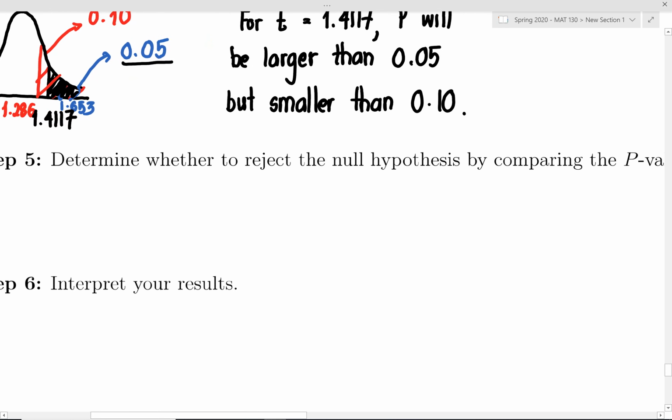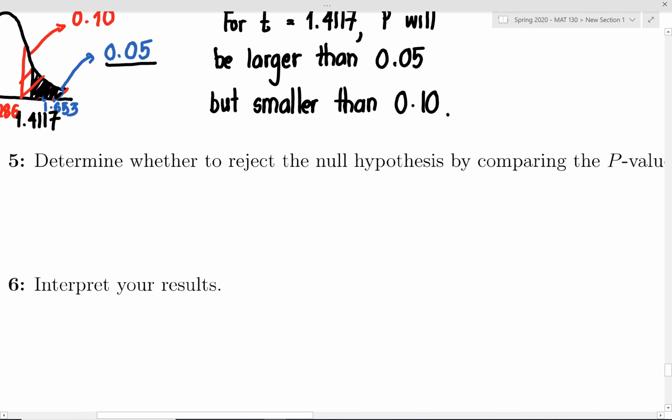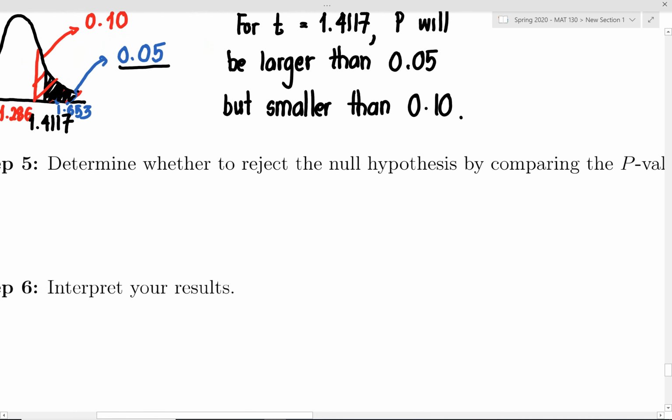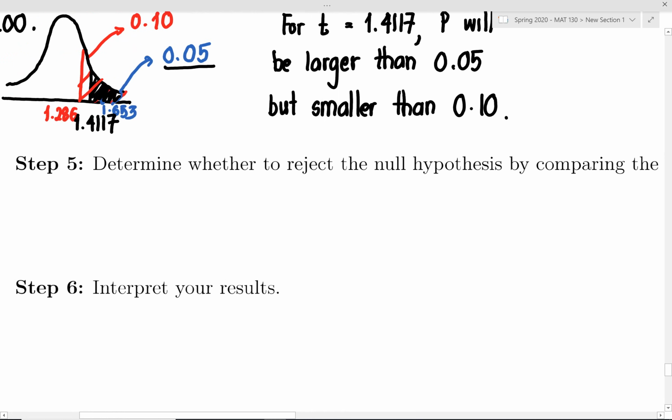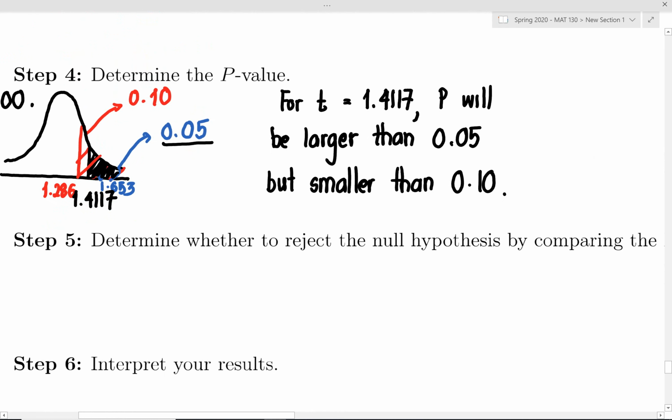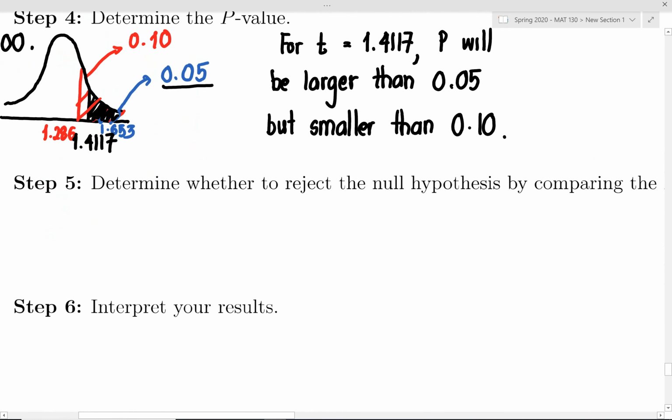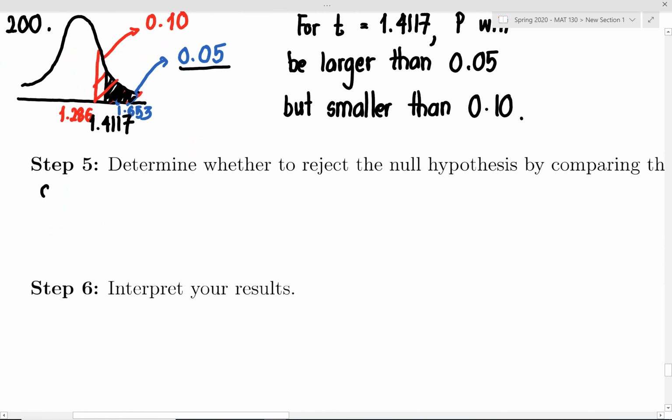So the question now is, based on the information we have, can we reject the null hypothesis by comparing p-value and alpha? So what do we know about the test, the significance level? The significance level was, remember, 0.05. And what is our p-value? Well, our p-value, is it larger than or smaller than our significance level? Exactly.